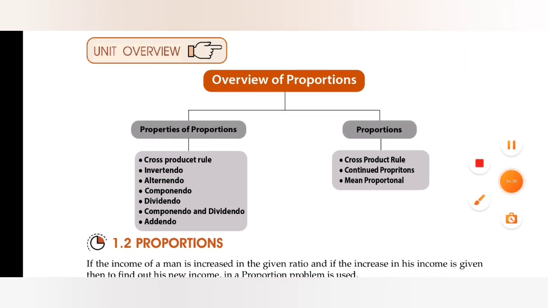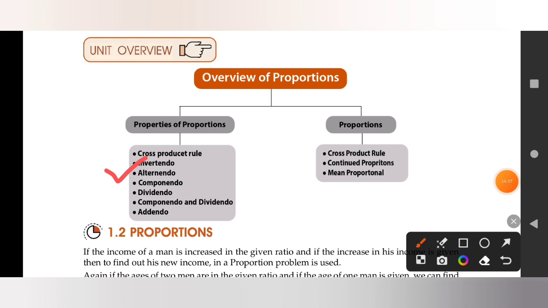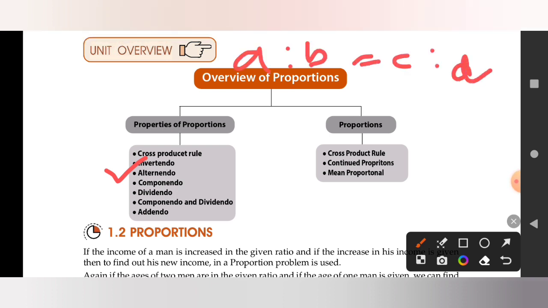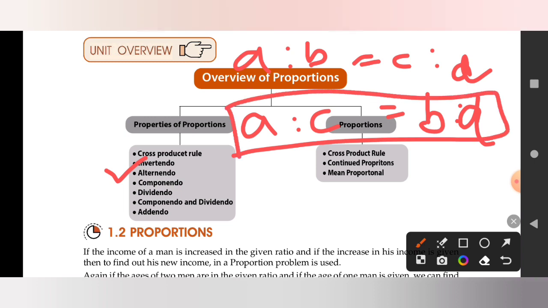What is alternando then? If A is to B is equal to C is to D is given, then alternando is A is to C is equal to B is to D. Just the numerator on the left side and the denominator shifted to the right side.